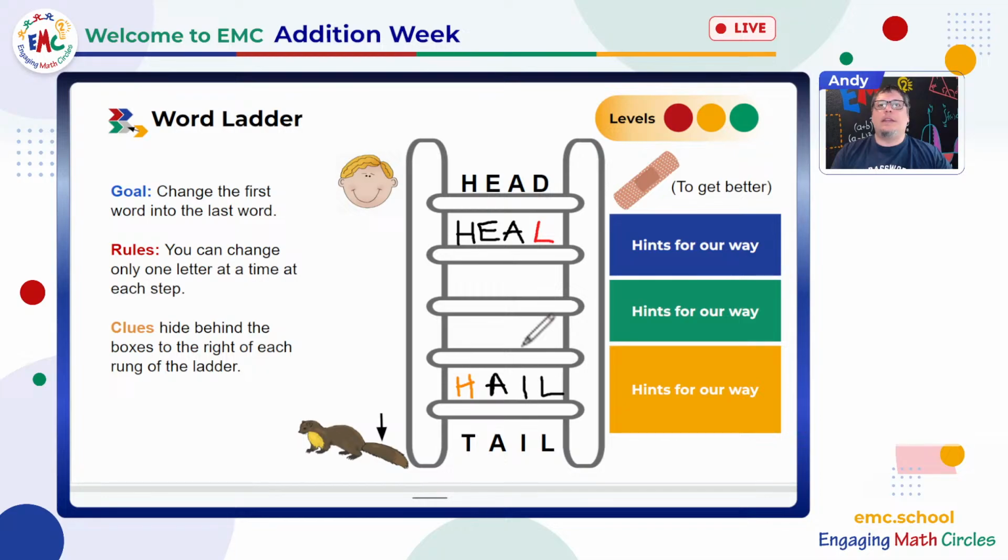Oh, I see a way to get there. I see a way to get there if we change the I. And we also change the A to this letter.